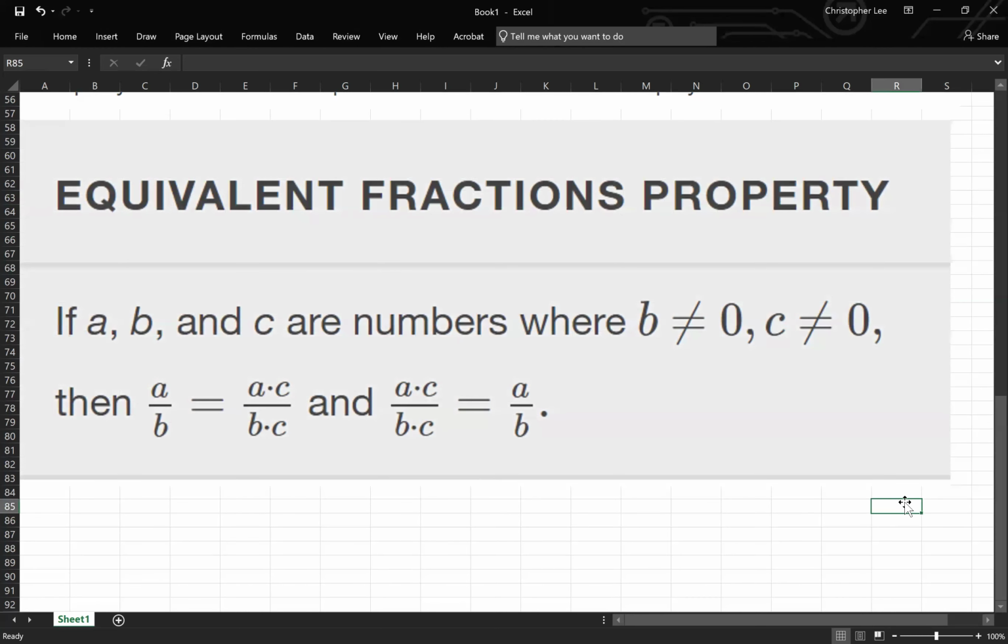So, equivalent fractions property: if A, B, and C are numbers where B cannot equal zero and C cannot equal zero, then A over B is equal to A times C over B times C, and A times C over B times C is equal to A over B. What's going to happen in the future is I'm going to have some type of fraction that has A and C together and B and C together, and I want to break out the C part so that the C's can cancel and I'm left with A over B.